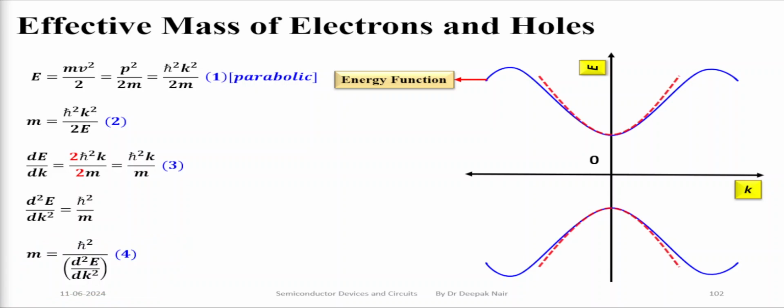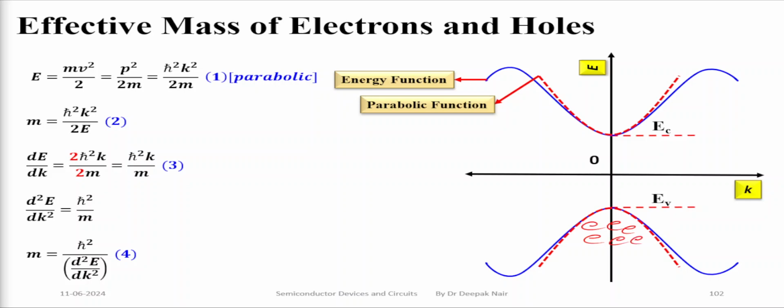Let us explore that. This equation also has some parabolic behavior. And if we remember, when we provide energy to the electrons present in the valence band, they move to the conduction band, leaving behind holes.